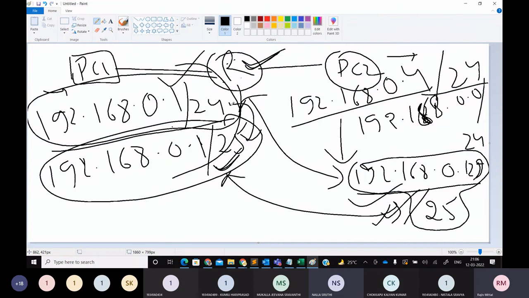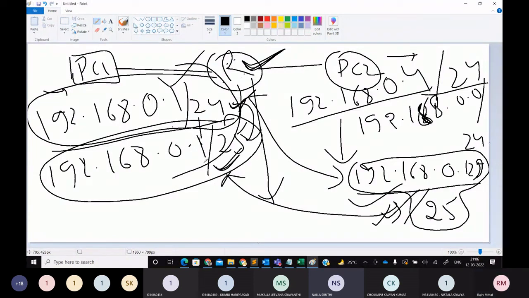Because traditionally, if you use 24, your router will not work because they are in different networks. But in modern times, if these types of small errors are there, where one network is part of another network and they are not conflicting, then the router auto-corrects them.